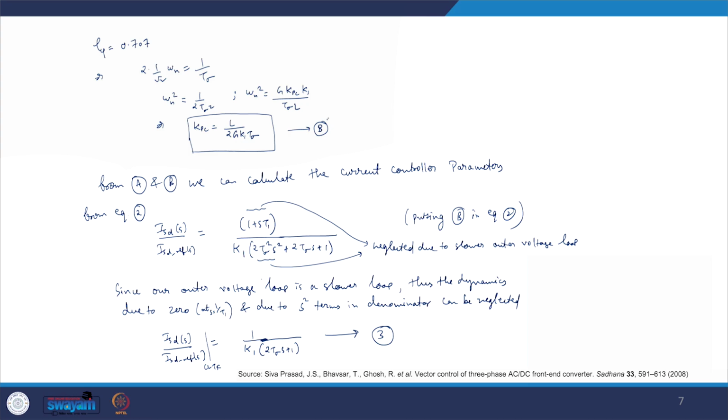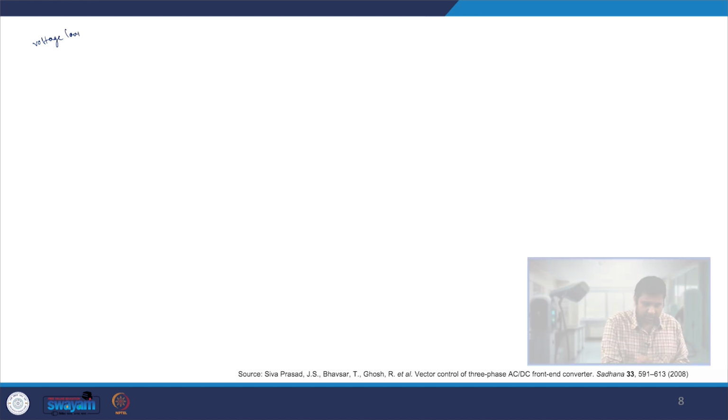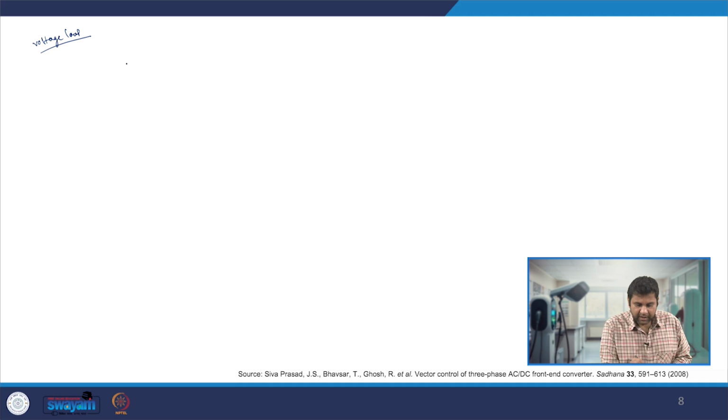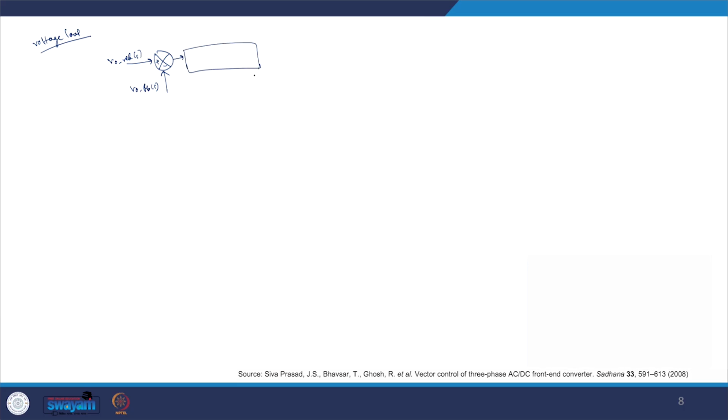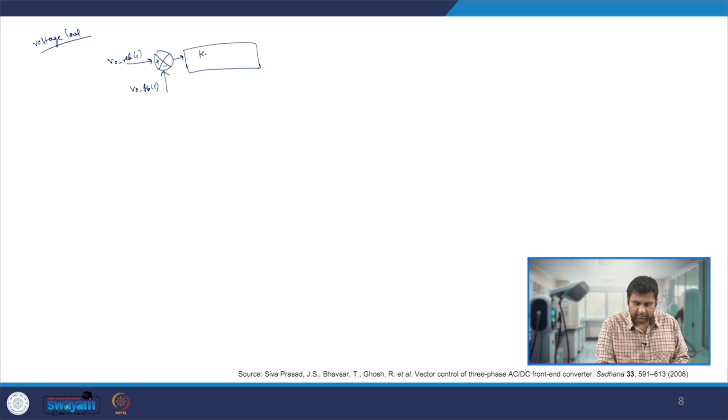Now let us see how the voltage controller parameters will be dependent. So let us try to write down the voltage loop. In the voltage loop, we have the V0 reference and the V0 feedback. This goes to the voltage controller, which we define on a similar line to the current controller, KPV plus KIV divided by s.